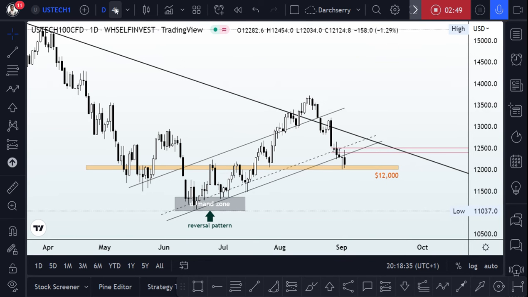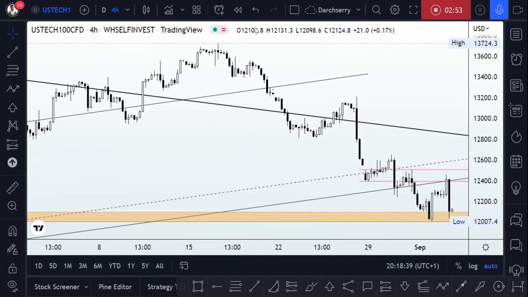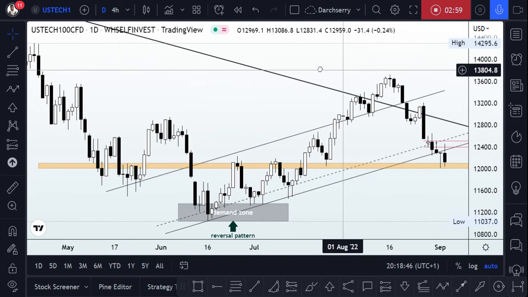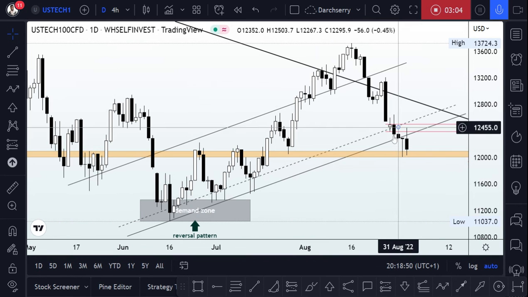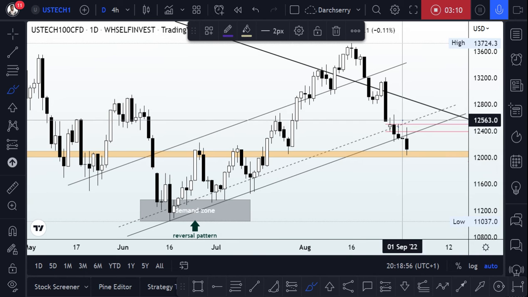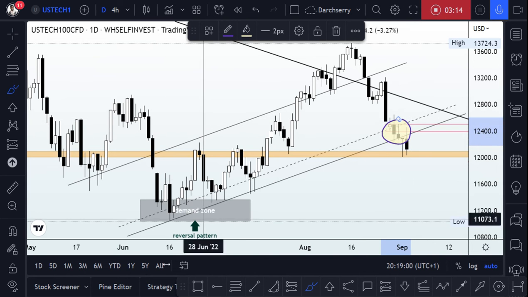So now, scaling down to a much lower time frame, we scale down to the 4 hours time frame, and what do we have? Sorry, before I do that, I want to show you something on the daily time frame. Now, on the daily time frame, we can see this is the support level of the ascending channel, and we can see that in the last 4 days, we saw a consolidation phase around the support level of the ascending channel.